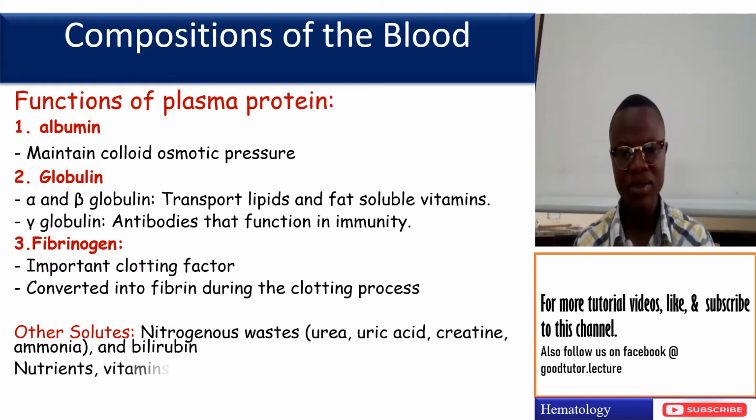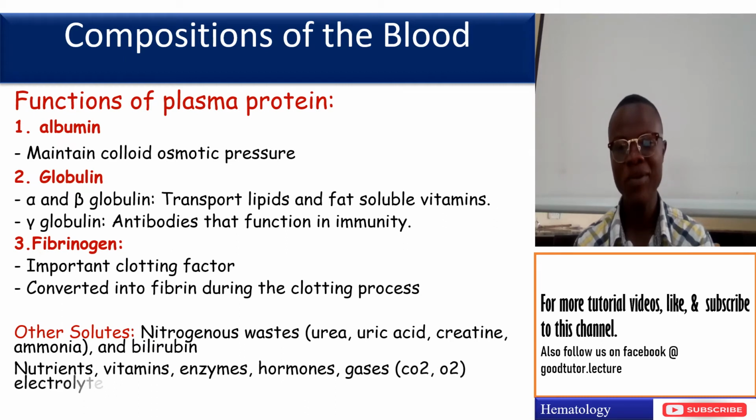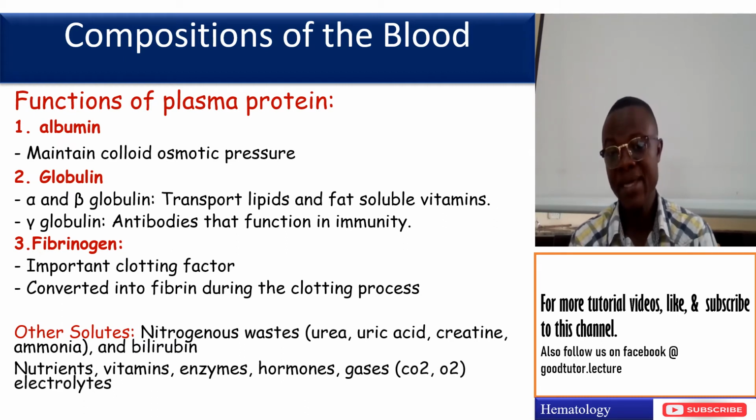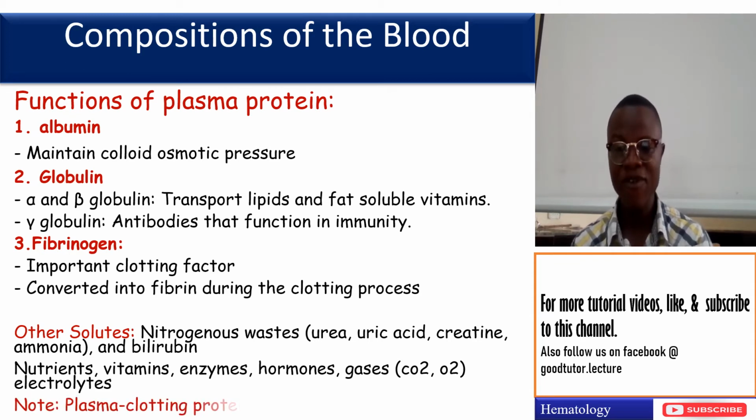Next, the blood also contains nutrients, vitamins, enzymes, hormones, and respiratory gases, the CO2 and the O2. In addition, we also have different electrolytes that are circulating in the blood. So the plasma content of the blood, as we can see, is very important. They are numerous, but the major ones are what we've highlighted here.